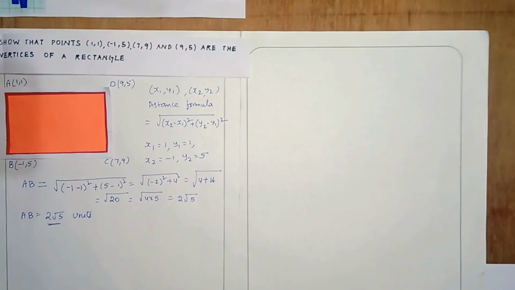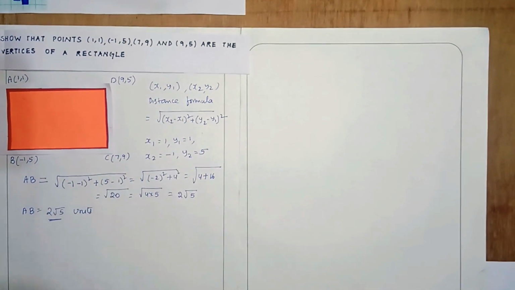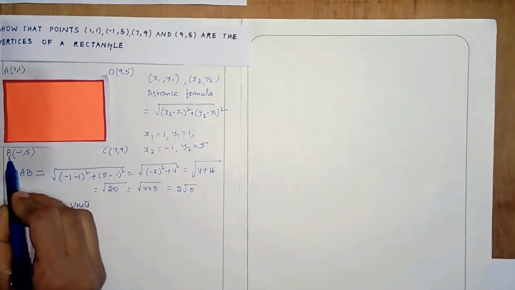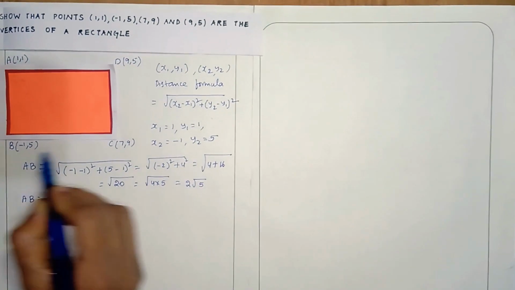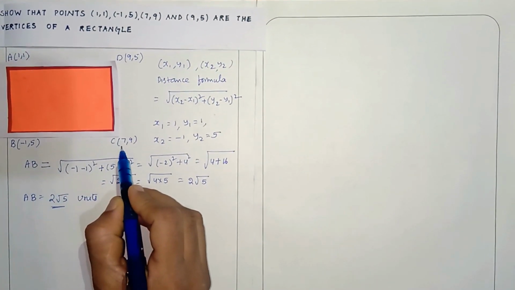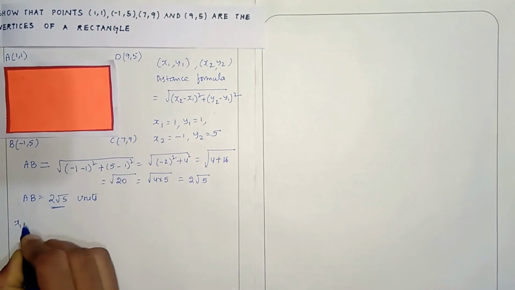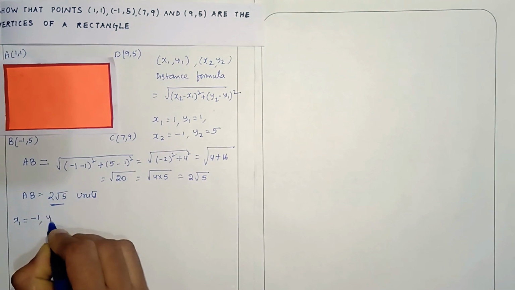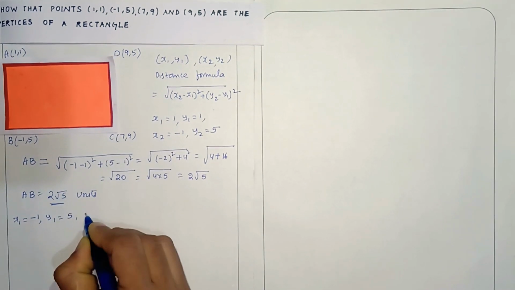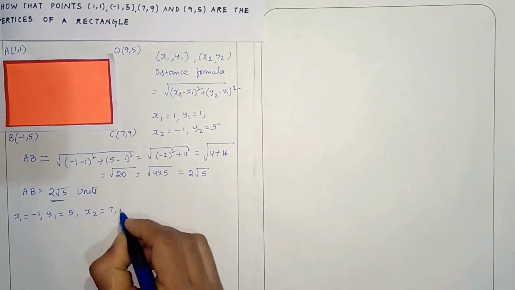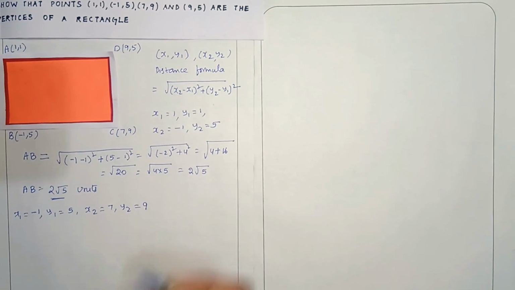Now, to find the length of BC, consider the point B as (x1, y1) and the point C as (x2, y2), where x1 is -1, y1 is 5, x2 equal to 7, y2 equal to 9.